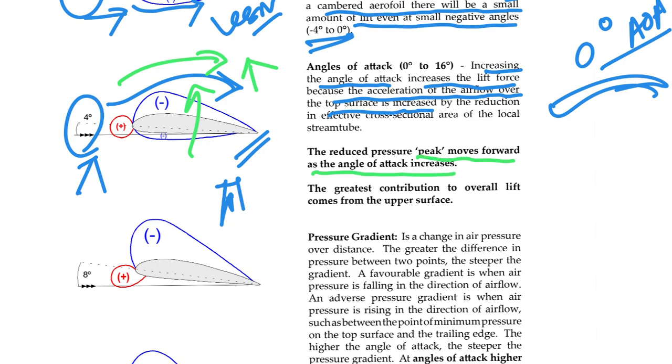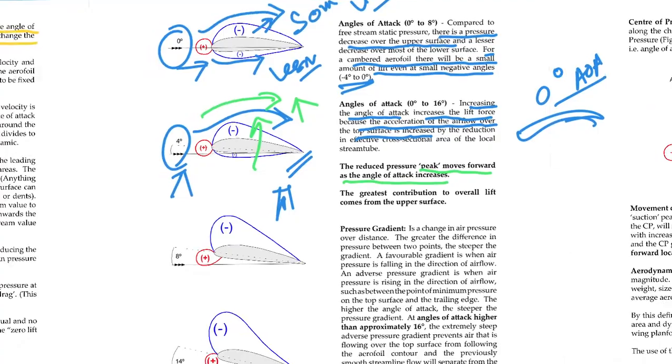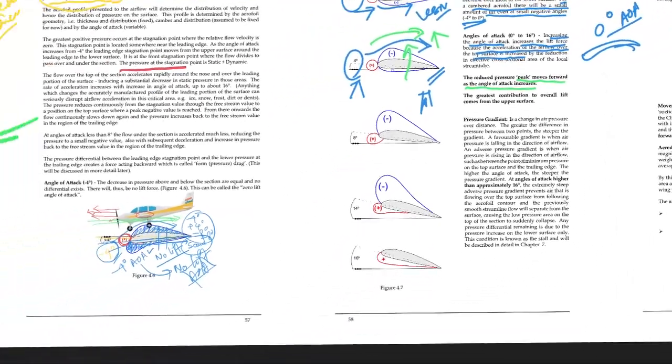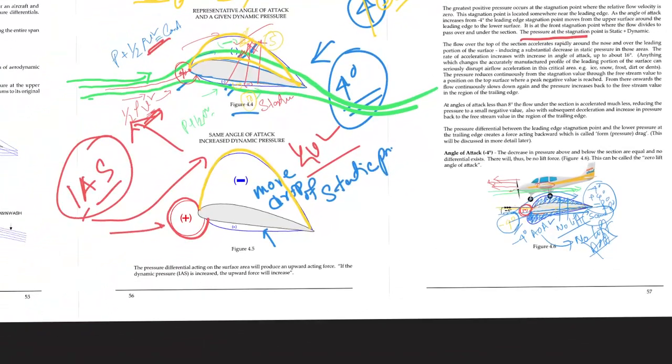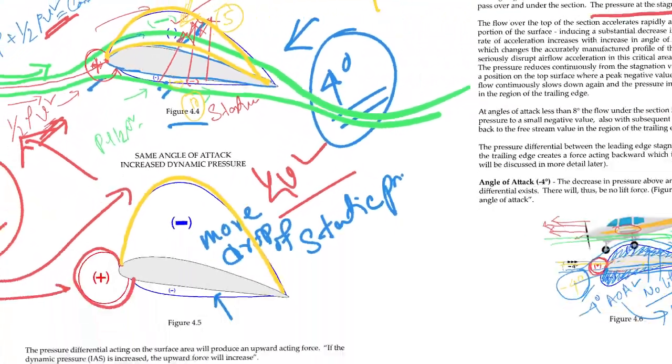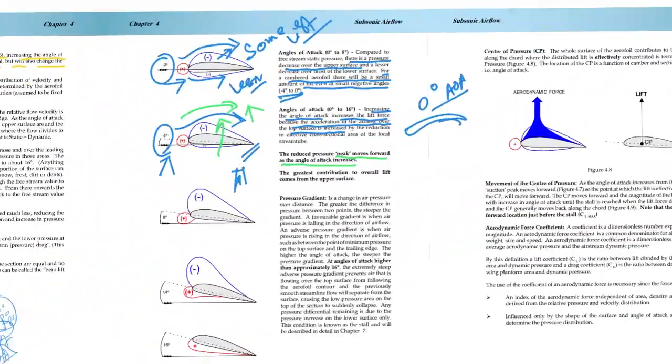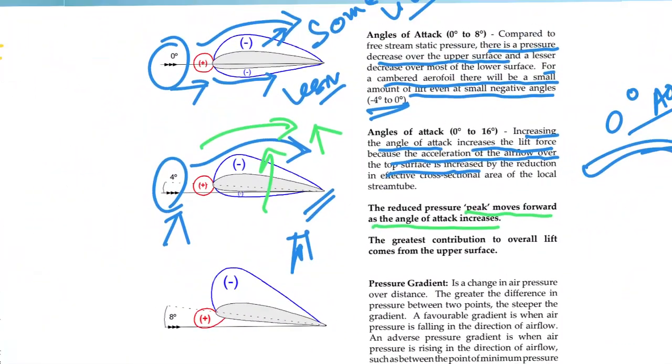Now this is important to know. You see something called peak over here. What is a peak? Look at the shape. The first shape was like this. Okay, come here. You see 0 degree, your peak of the pressure curve.